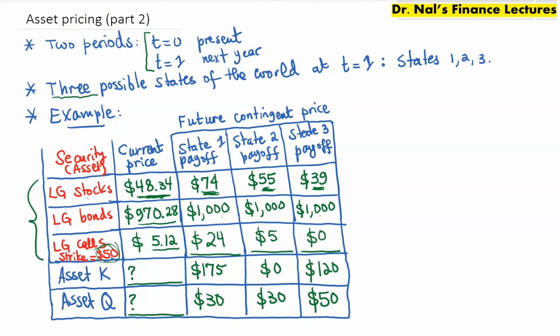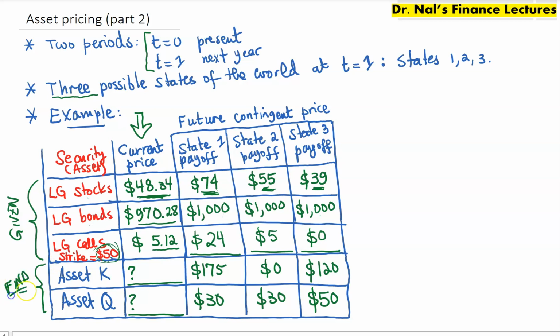That's it. So these payoffs are given, let me write that down. Given these three future payoffs in those three future states and the current prices of these securities, the question is, go ahead and find these.